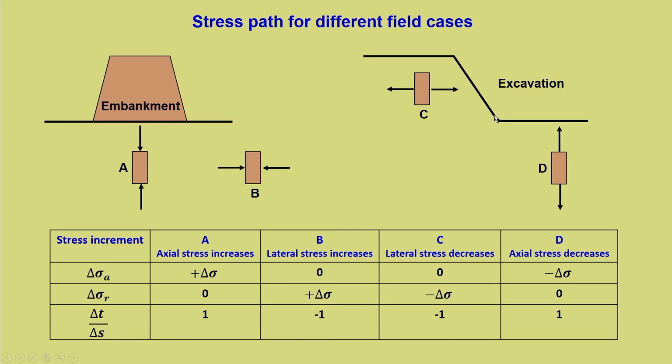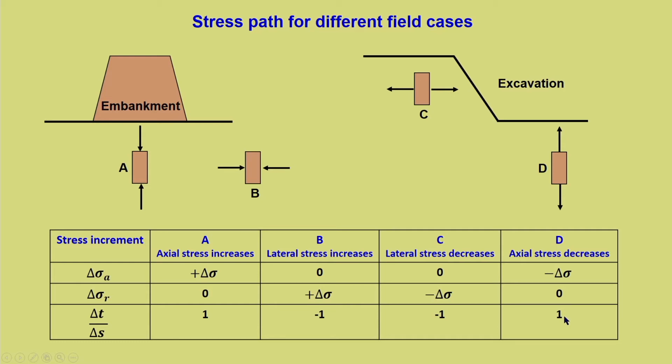Now, case C is the case of excavation, where delta sigma A is 0 and delta sigma R is released. So, it is minus delta sigma and the slope will again be minus 1. And in the case of D, the axial stress is getting released. So, delta sigma A is equal to minus delta sigma, delta sigma R equal to 0, there is no change, and hence delta t by delta s is equal to 1.